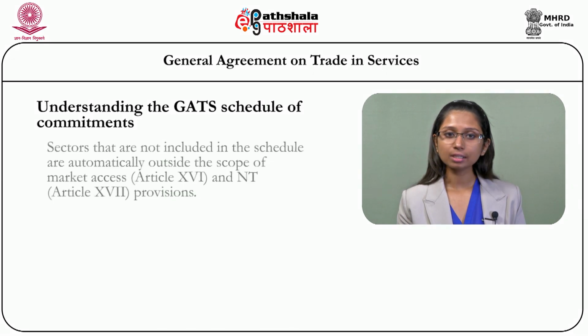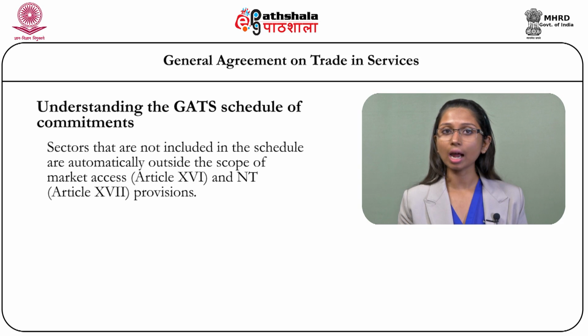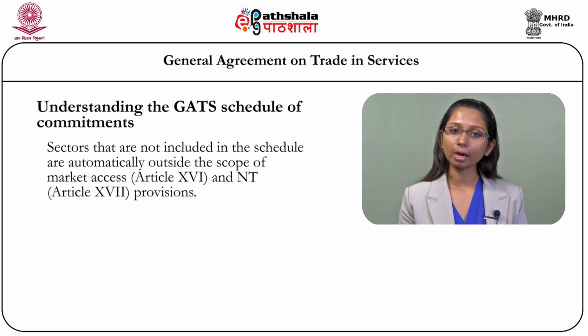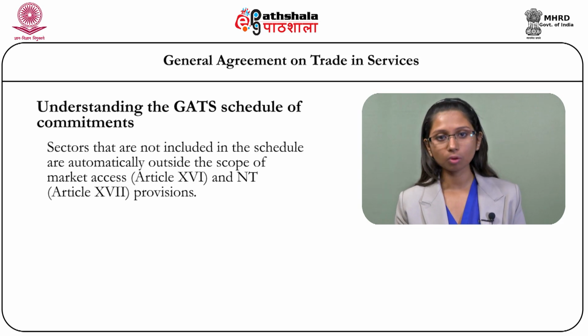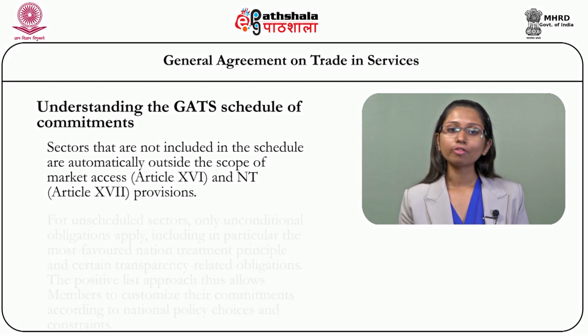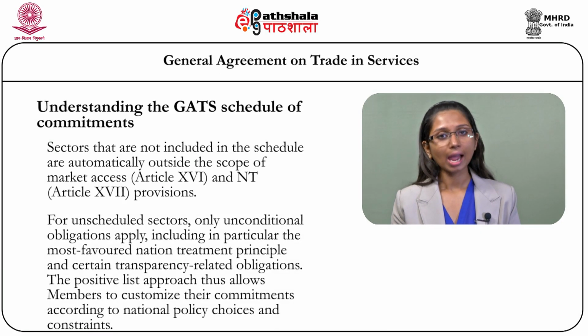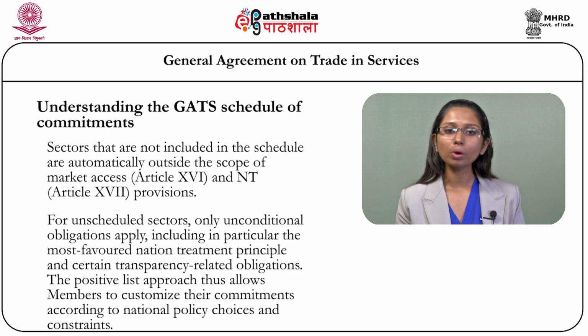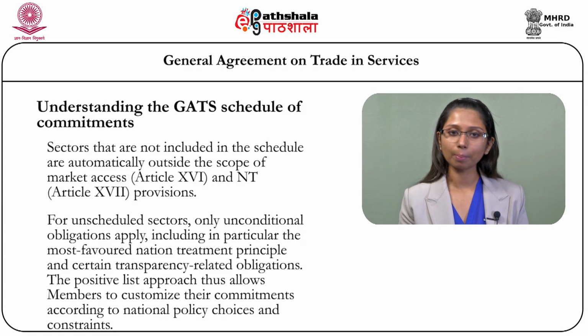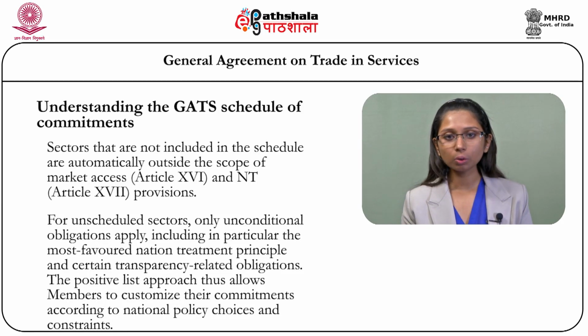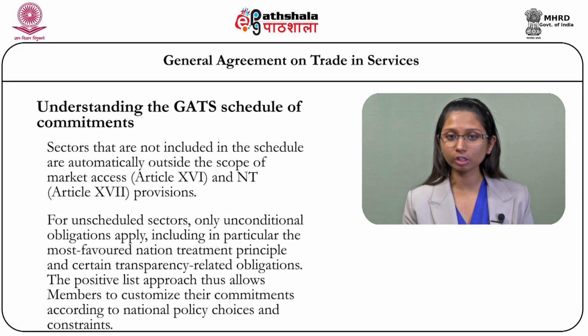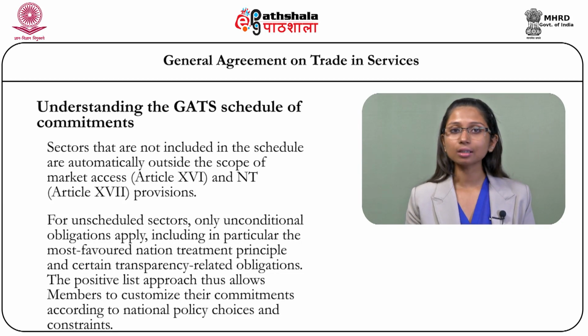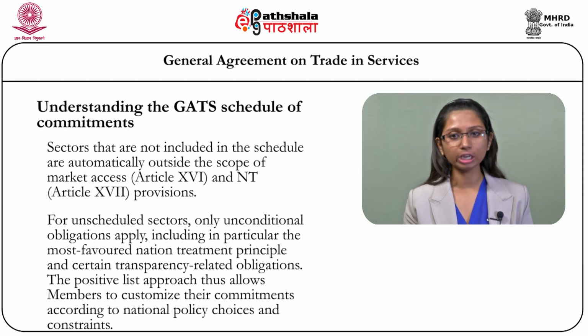Further, sectors that are not included in the schedule are automatically considered outside the scope of market access or national treatment obligations. For unscheduled sectors, as I have discussed before, only unconditional obligations apply, which also include in particular the most favoured nation treatment principle and certain transparency related obligations.